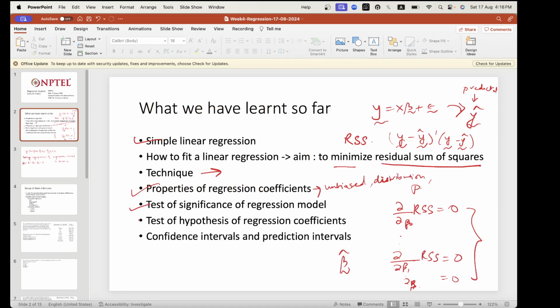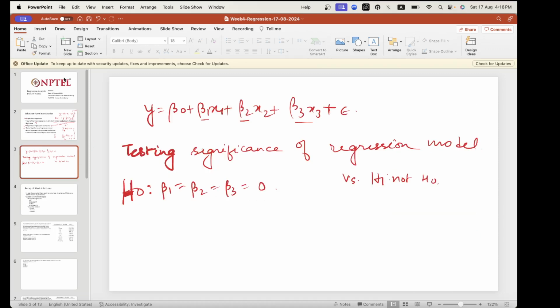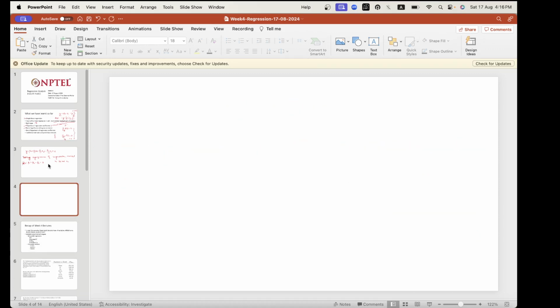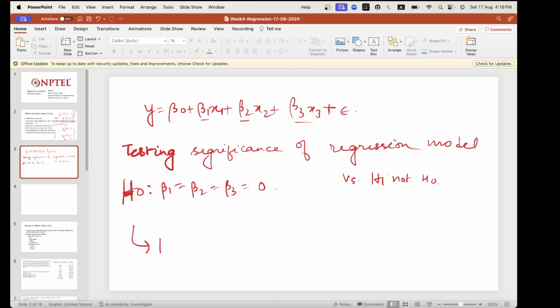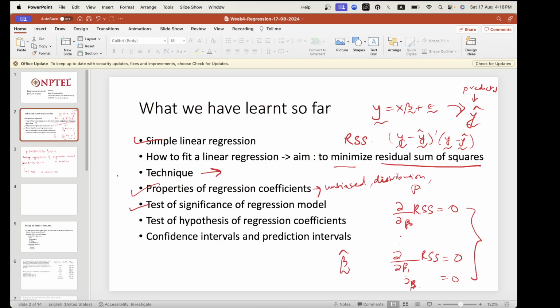Then we learned the testing of hypothesis of individual regression coefficients. This was actually an F test, which we can also obtain from the ANOVA table. Then we learned the testing of hypothesis of a subset of regression coefficients.